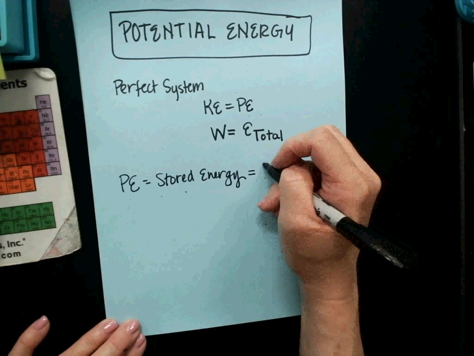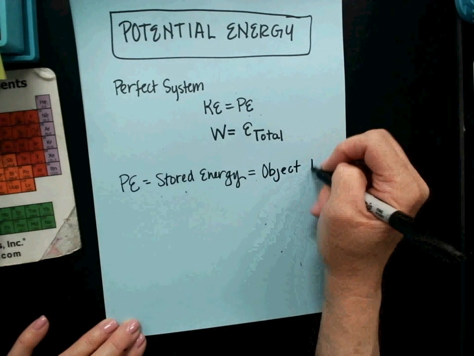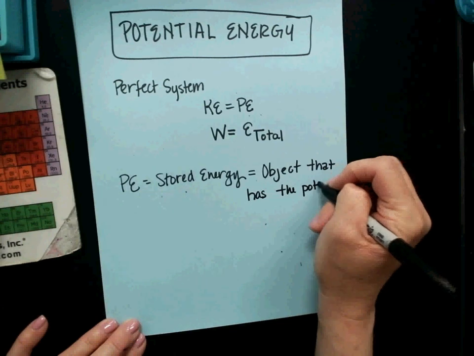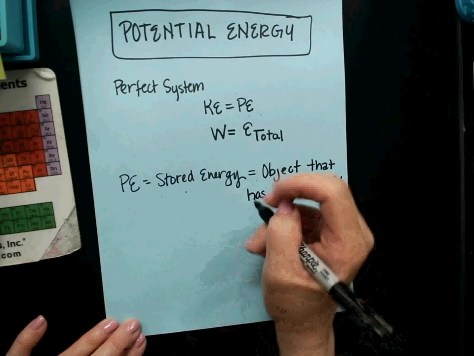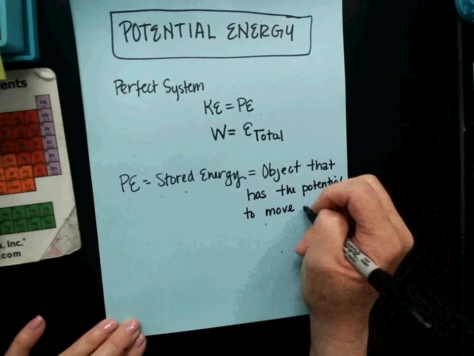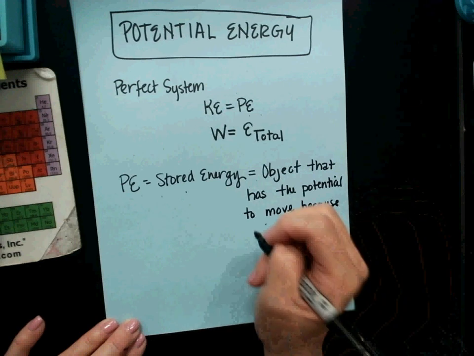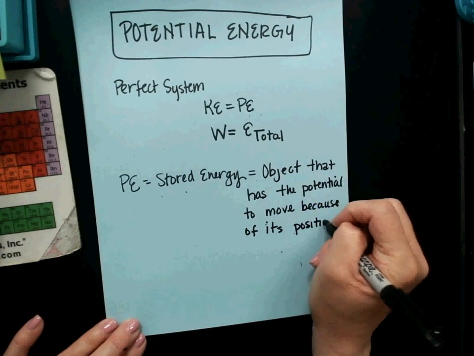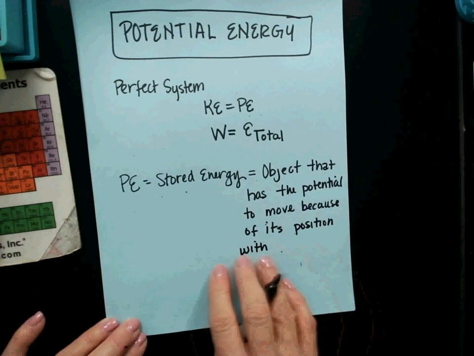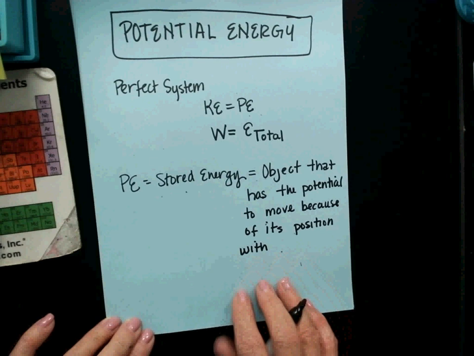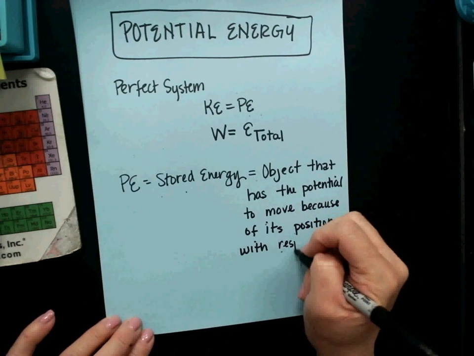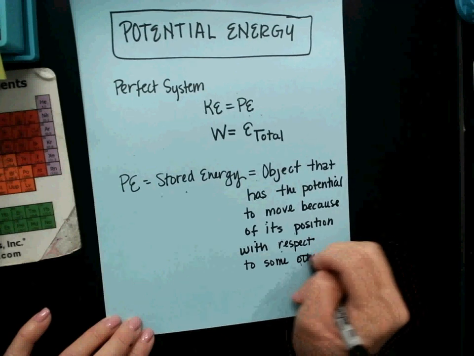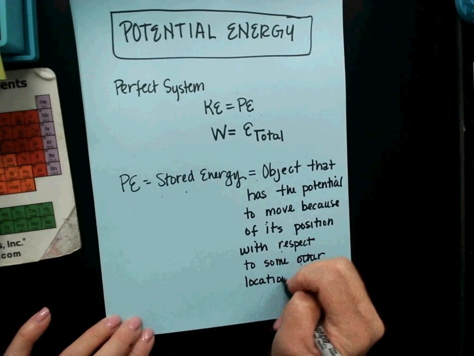Another way to think about it that's a little longer and helps you explain things better later is that an object that has the potential to move because of its position, and this is the important part, this is the part that always gets left off, like when you learn it back at the junior high, with respect to some other location.